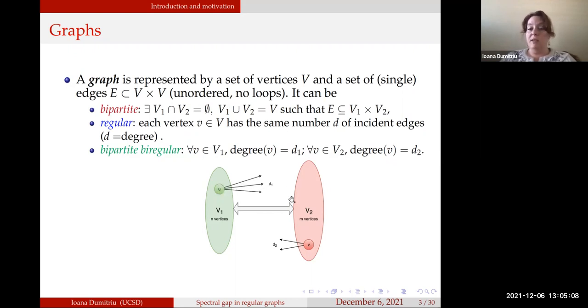All vertices in the second class have the same degree D2. And if you have seen these things before, you will immediately notice that in order for the number of edges to add up, we ought to have that n times D1 is equal to m times D2, which, as portrayed in this picture, means that if n is smaller, as I've tried to indicate through the fact that the oval on the left-hand side is a little bit smaller than the one on the right-hand side, then the degree of the vertices in it should be slightly larger to compensate.